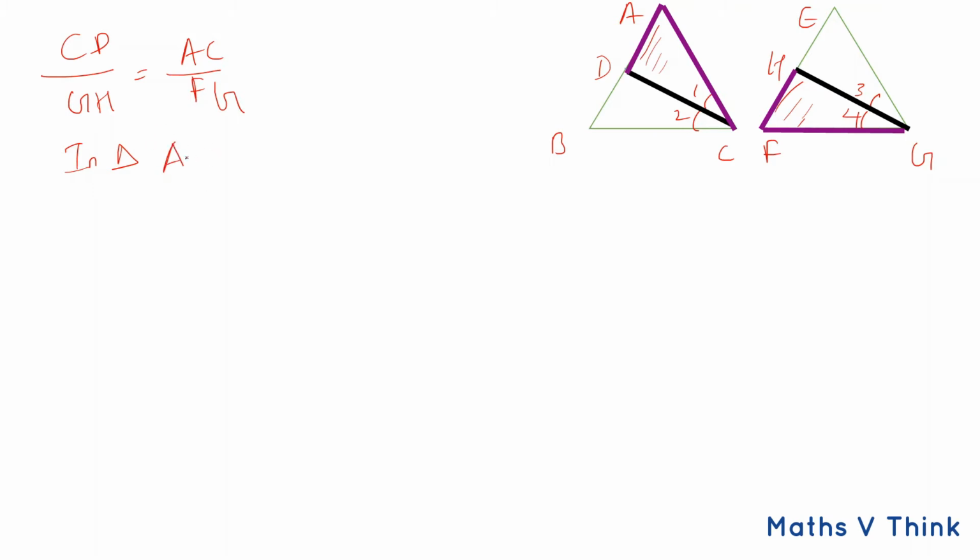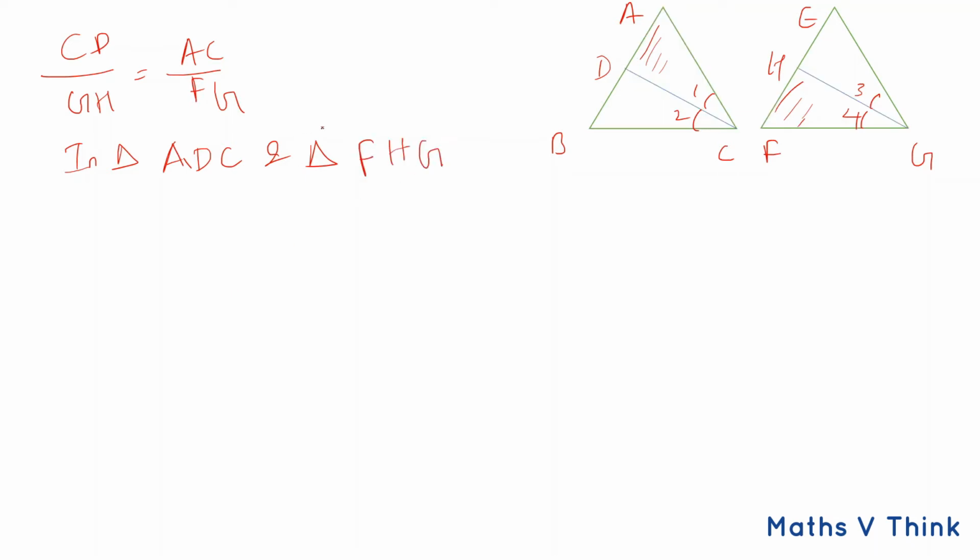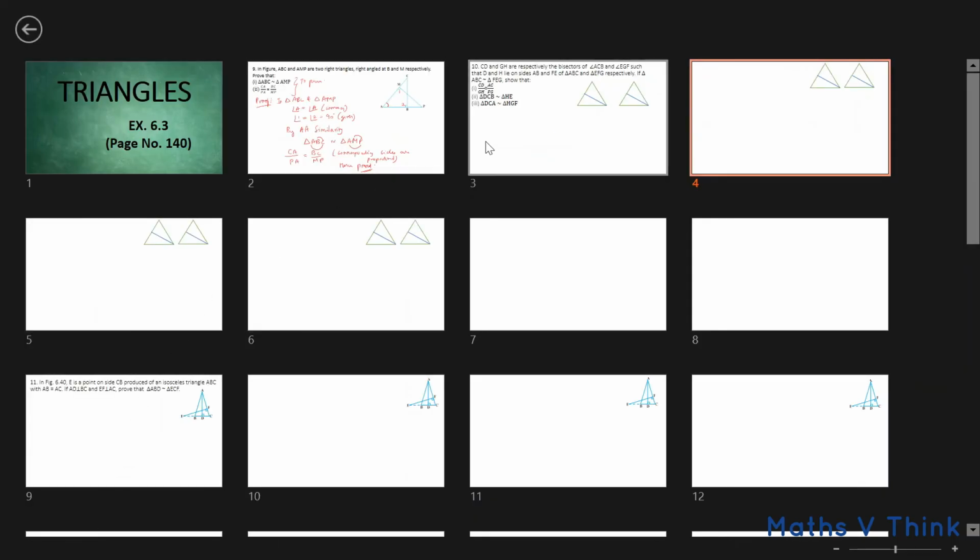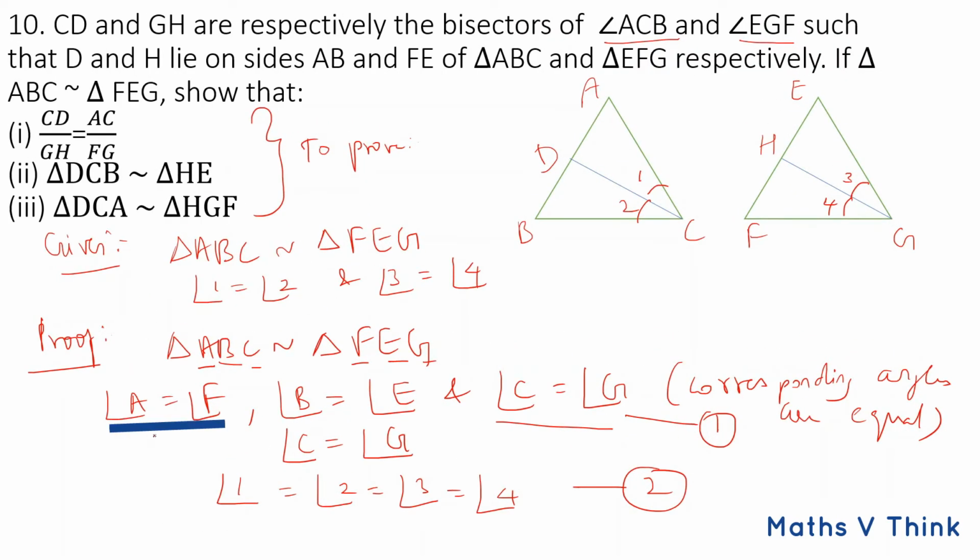So if I write ADC and triangle, which angle is equal to angle A? Angle F. So FHG. Why? Because I know angle A is equal to angle F and angle C is equal to angle G. We already proved that.